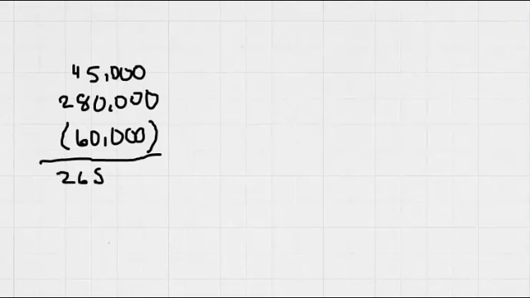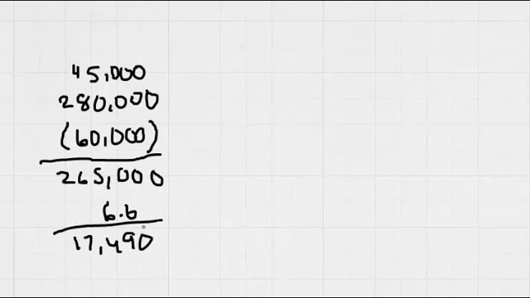Again, this is just our DTA reversal for the exercise of this option. That's going to get us to 265. And let's tax effect this at our new rate of 6.6. And I get 17,490. And that's it. That is our state deferred, or net DTA for state purposes.